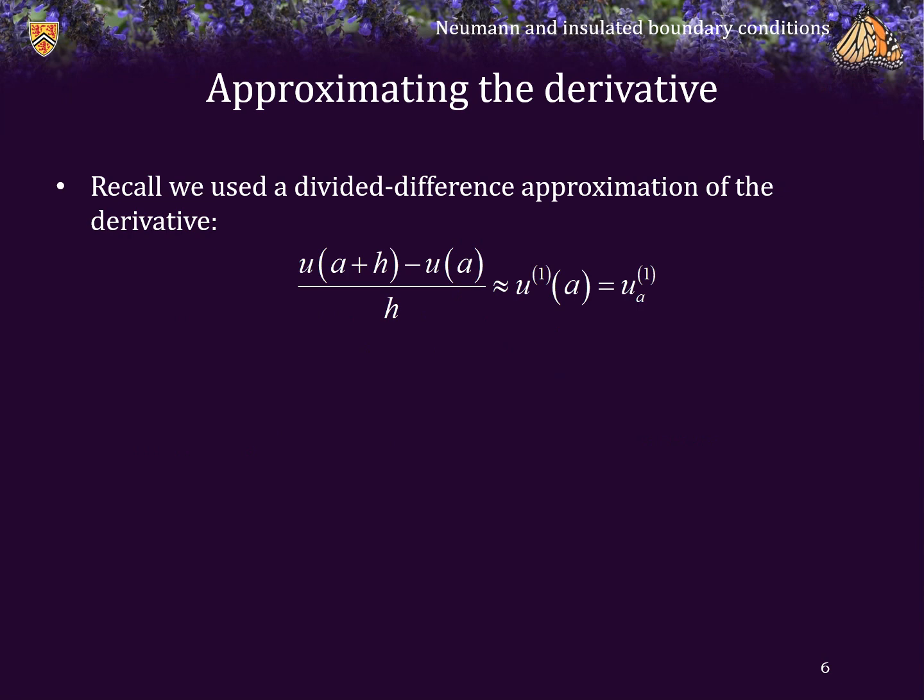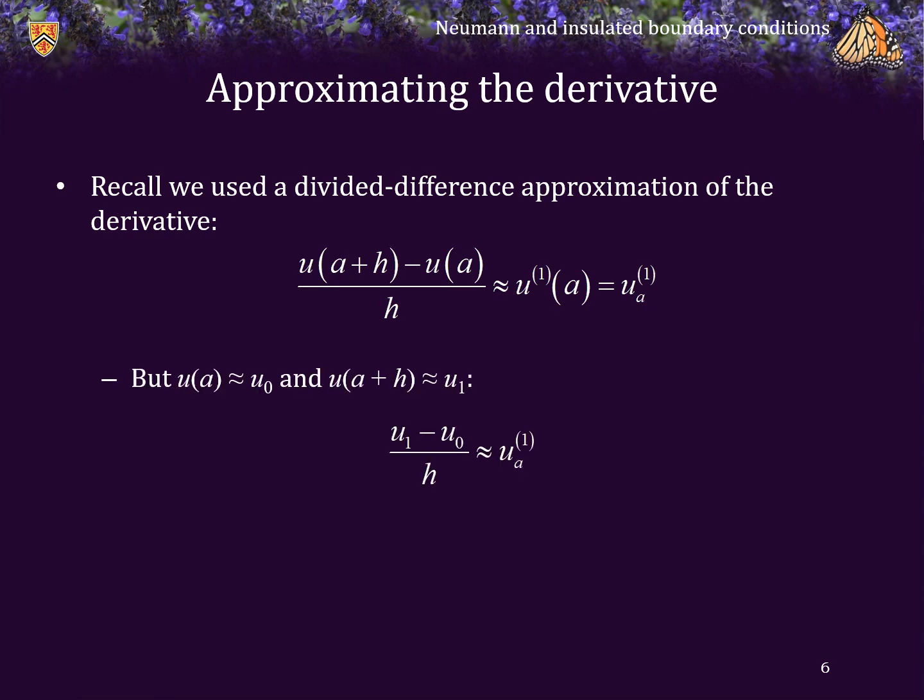Well, recall that we've been using divided difference approximations of the derivative. So we know that an approximation of the derivative at the left-hand endpoint is given by u at a plus h minus u at a all over h. And that is the value that is specified in the boundary condition, u sub a prime.